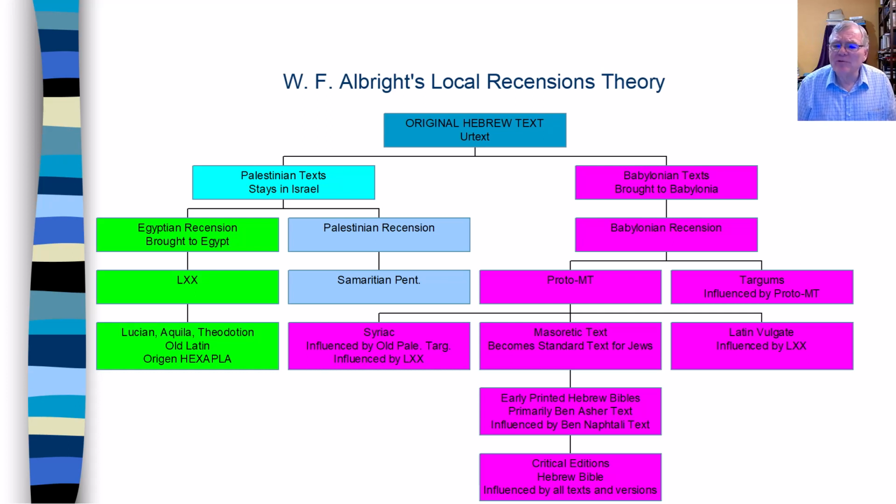And then the Proto-Masoretic text is used to form, first of all, the Masoretic text itself. So the Proto-Masoretic text develops into the Masoretic text that we've mostly talked about as being used. It was a Proto-Masoretic text that was used to translate the Bible into Syriac, since the Masoretic text had not been developed at that time.